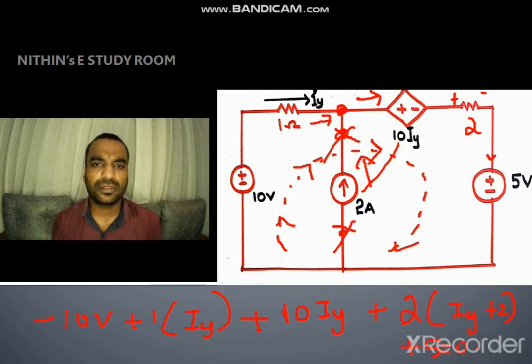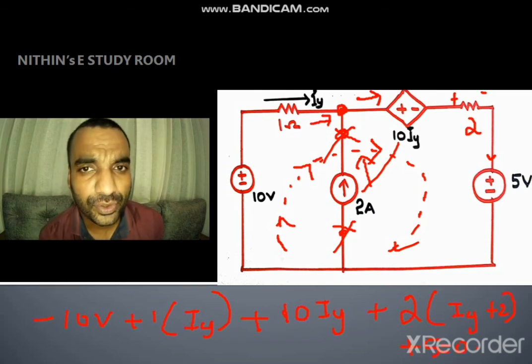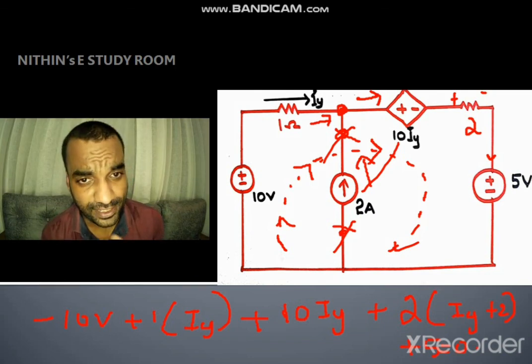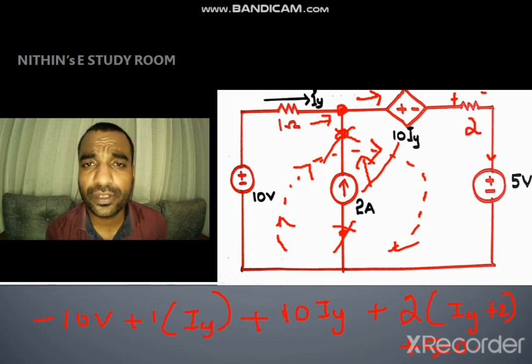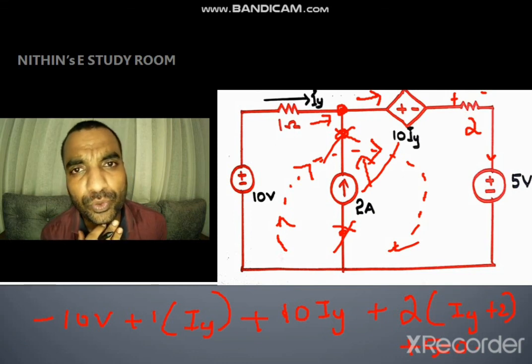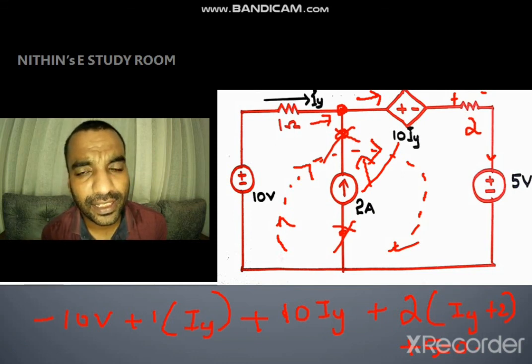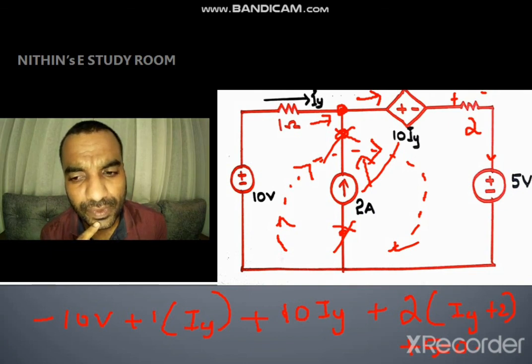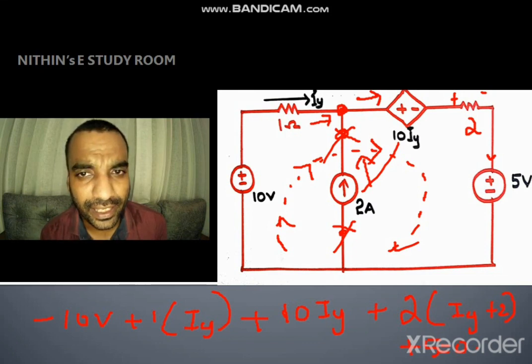So this is the total KVL equation you can apply on the external loop. If you solve this, you will get the same answer. You can simply solve in one step. Please try it. You will get the same answer that you got earlier. So this is a case where accidentally such an easy method came.